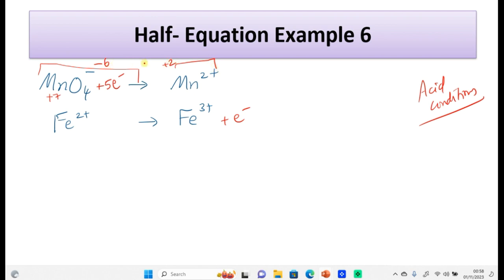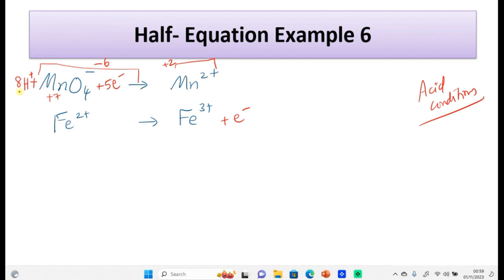So going from -6 to +2, I have to add 8 hydrogen ions on this side, 8 H plus ions. Now 8 minus 1 and -5, that's +2 on the left, which is equal to +2 on the right. So the charges are okay.